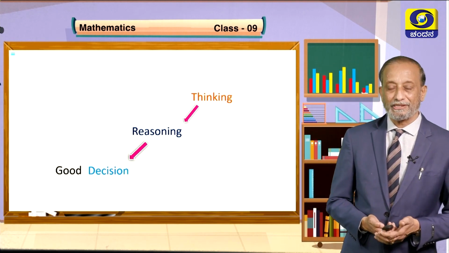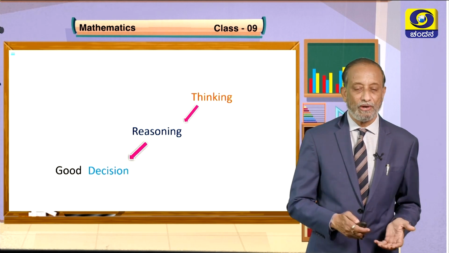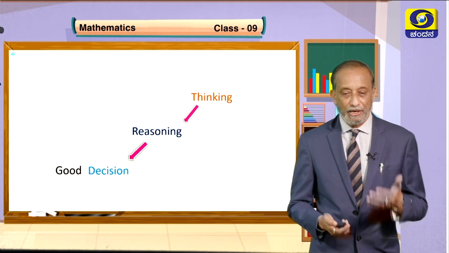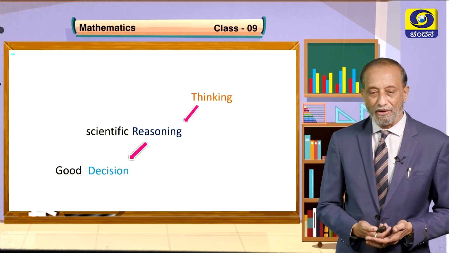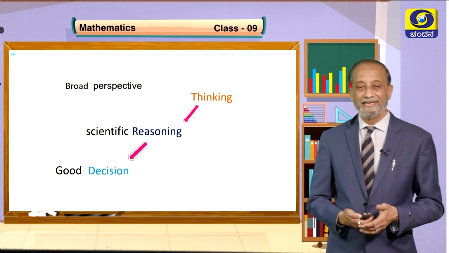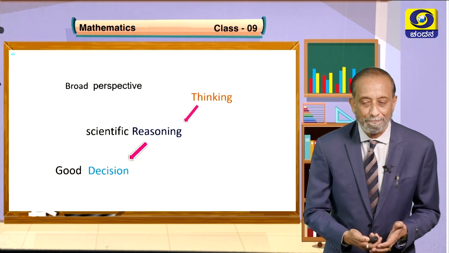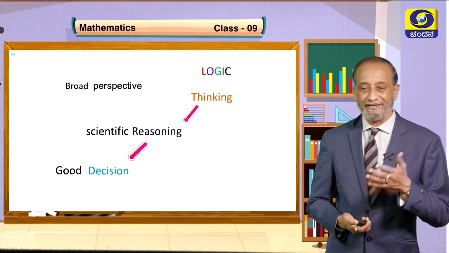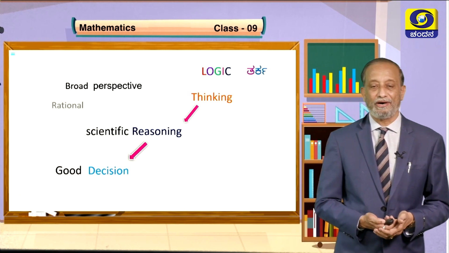Sometimes our decision may be good or average or bad. A good decision depends on scientific reasoning, and scientific reasoning depends upon broad perspective thinking, and this is called logic or tarka.